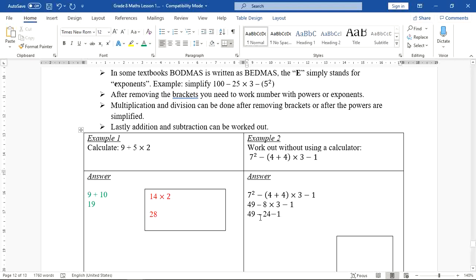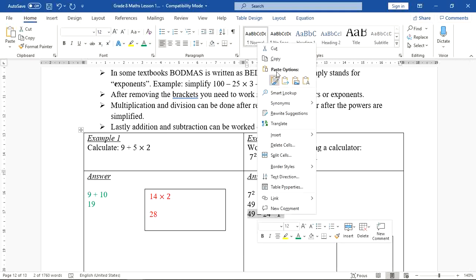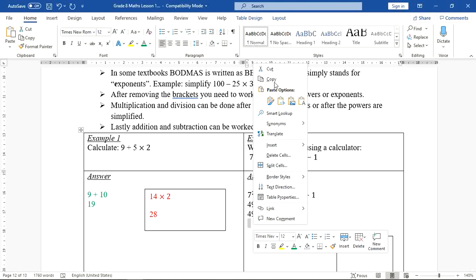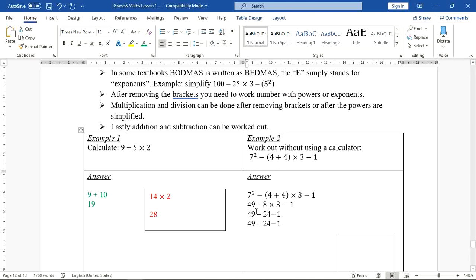So now we can subtract. 49 take away 24 is going to give us 25, and 25 take away 1 is going to give us 24.